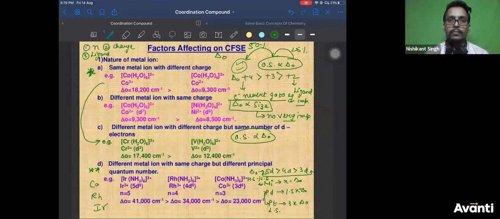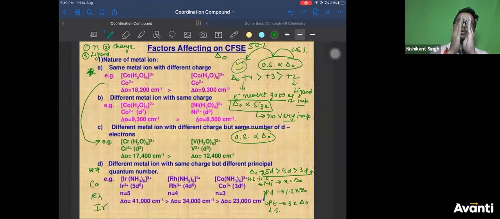How does delta O increase on increasing the oxidation number? You should answer this, I should not, actually. As you increase the oxidation number, the positive charge on the metal increases. As positive charge increases, its tendency to attract ligand increases. So the more the force of attraction, the more the ligand will move close to the metal atom.